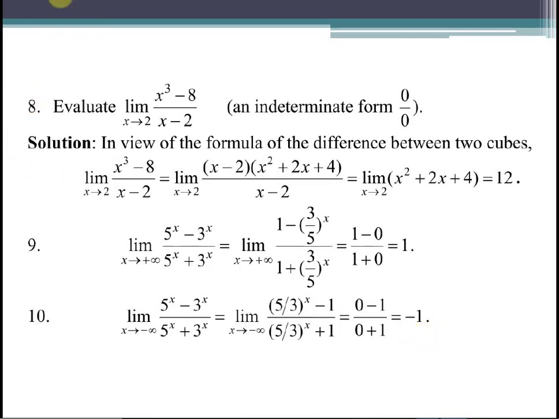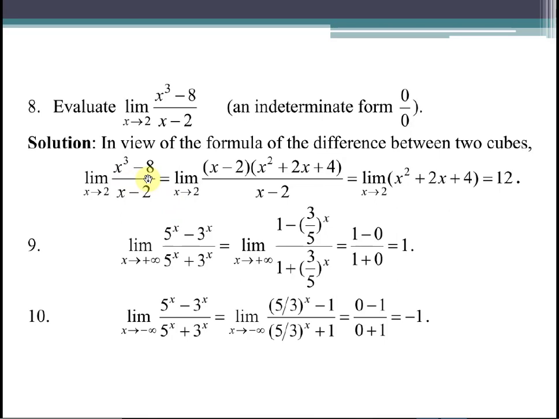Number 8. Evaluate the following limit. Here we have again indeterminate form 0 over 0. If we put 2, we have 0 on top, and in the bottom we have also 0. So now we have the formula of the difference between two cubes, a cubed minus b cubed.